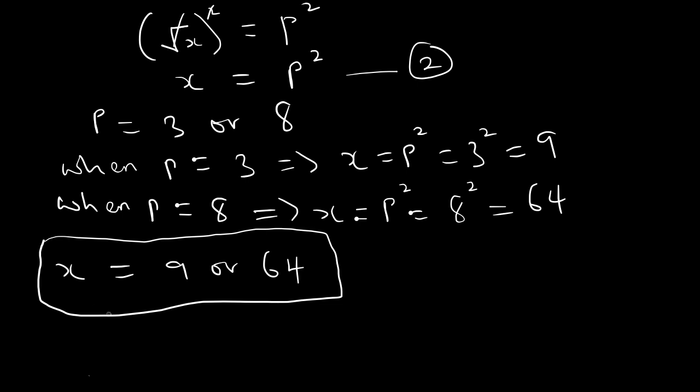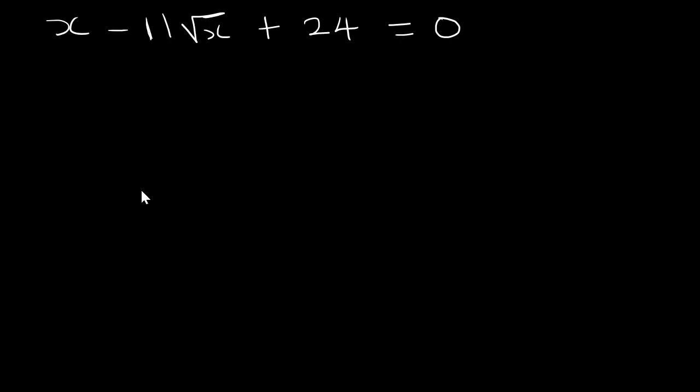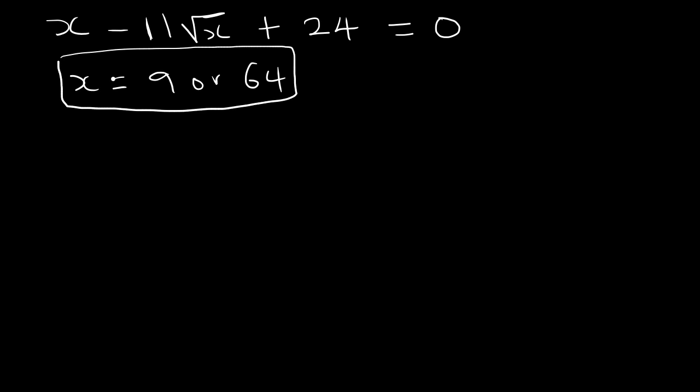Now we are going to check if these answers are correct by substituting in the original or the main equation. So let's do that. So we have that x is equal to 9 or 64. So if we substitute, now the first case, when x is equal to 9, this equation becomes 9 minus 11 root 9 plus 24.